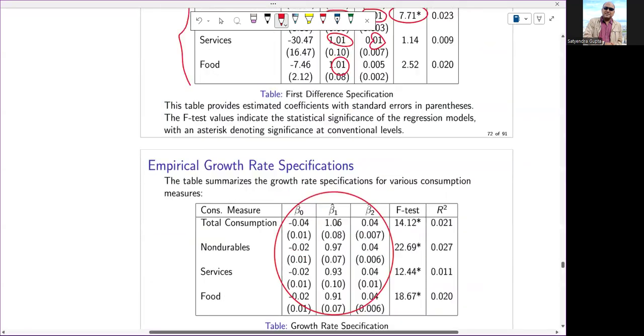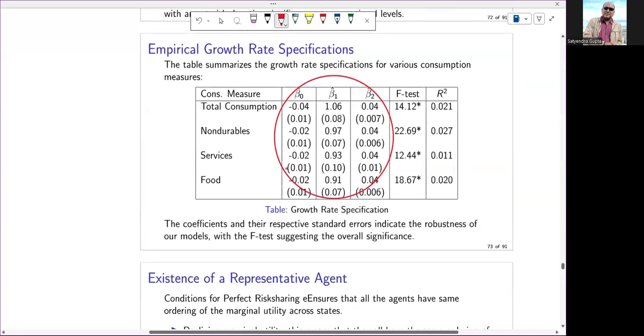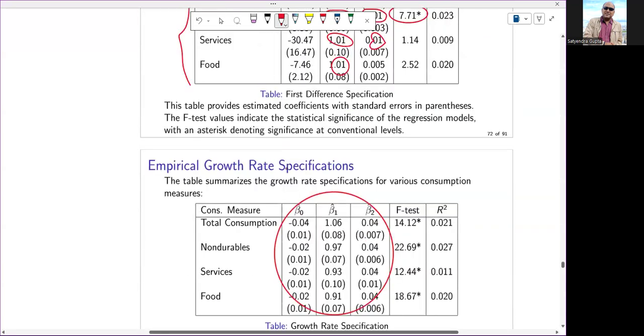So it seems that perfect risk sharing is satisfied to some extent in this scenario. Obviously, it fails in some of the cases as well, but largely there seems to be perfect risk sharing existing in the economy. Obviously, it will not be perfect because the markets are not perfect. There are frictions in the market, markets are not efficient, and all these things happen.